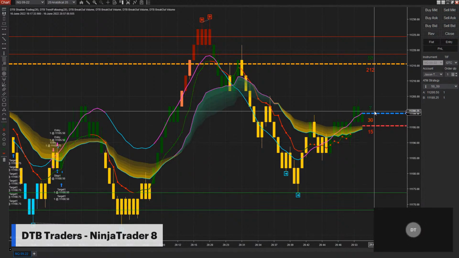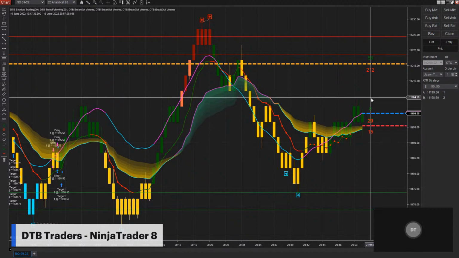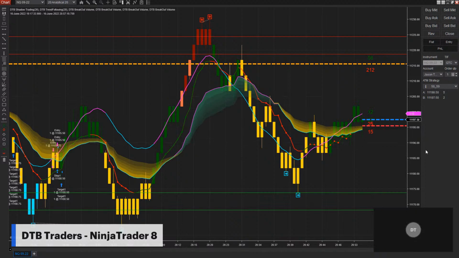So we're going to make a decision based on the close of this bar. We'll just wait for that to happen, because it can close either side. It can close down, or it can close up. So we still need to decide which direction the signal is actually valid for.